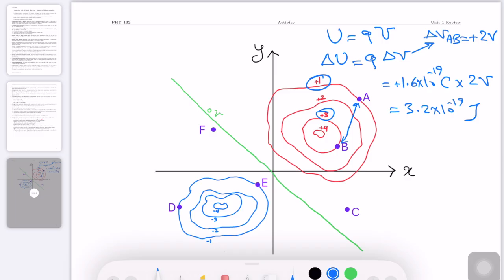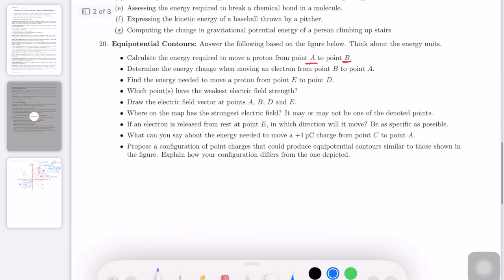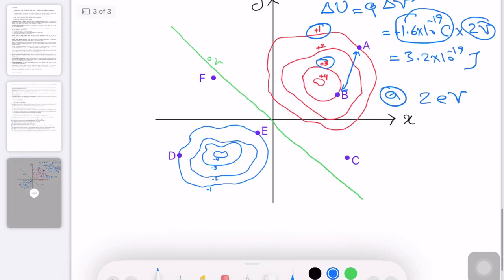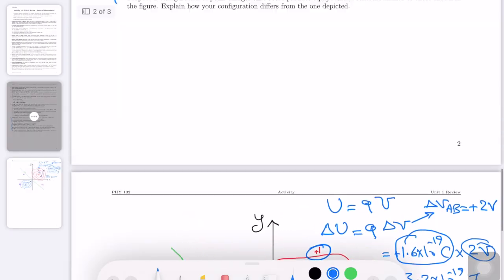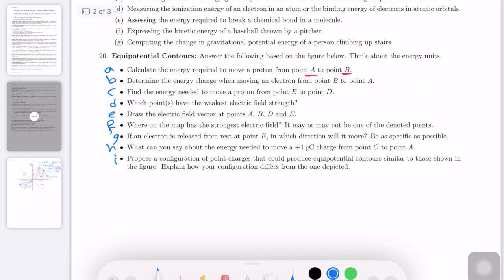And if you look at this, this is basically 1 electron, this is 2 volts, so the answer is 2 electron volts for part A. Well, I didn't name these parts, but let's just go ahead and do that. This is part A, B, C, D, E, F, G, H, I. Okay, now let's answer the next question, and be sure to pause the video and think about it yourself.